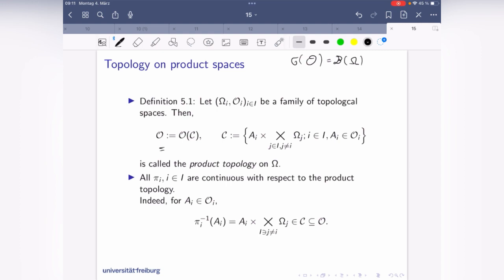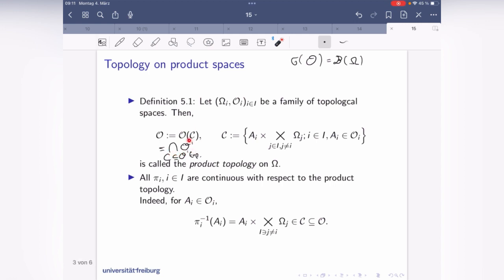So this here is defined as the intersection of all O prime, let's call them, such that C is a subset of O prime, and O prime is a topology. So that's the topology generated by this here. So that's done as for sigma algebras. Just make the intersection of all topologies which are bigger than C.